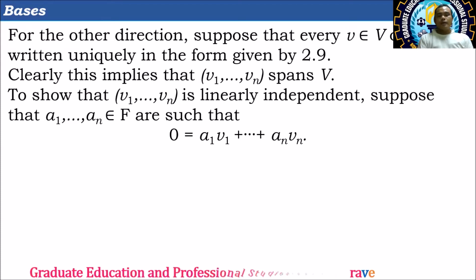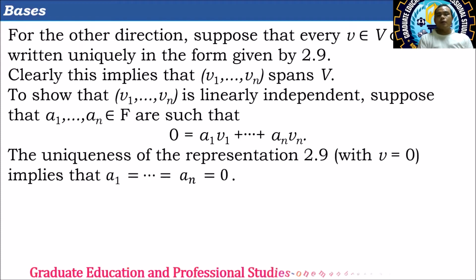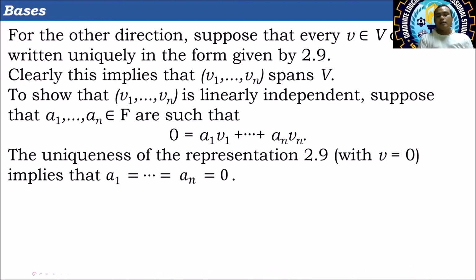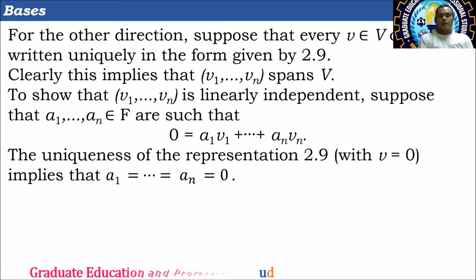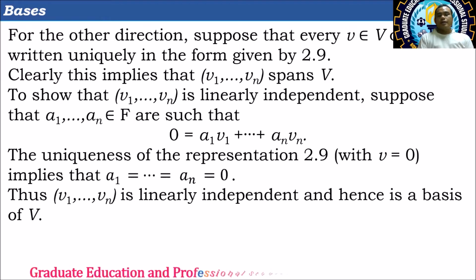So the uniqueness of the representation of 2.9 with v equal to 0 implies that all the a's are equal to 0. Thus, the vectors are linearly independent and hence a basis of V.